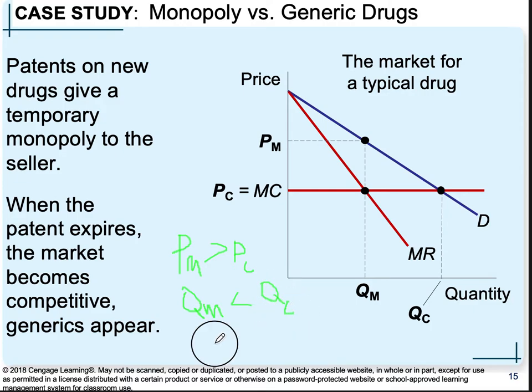Now, profits. Profits for a monopoly are always going to be greater than profits for a competitive industry. Just make sure you have that somewhere. You will be asked questions on that on the final.